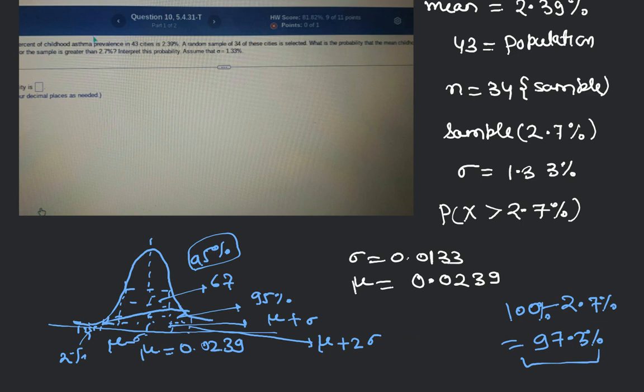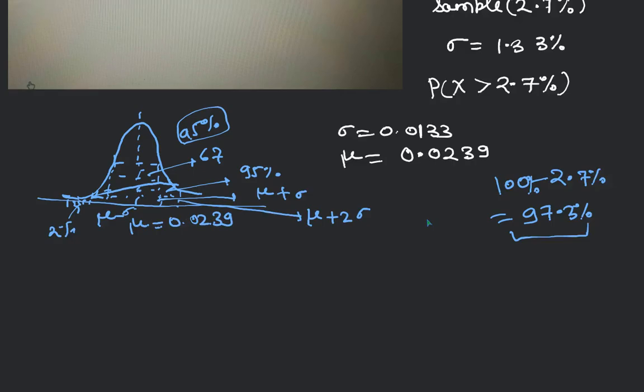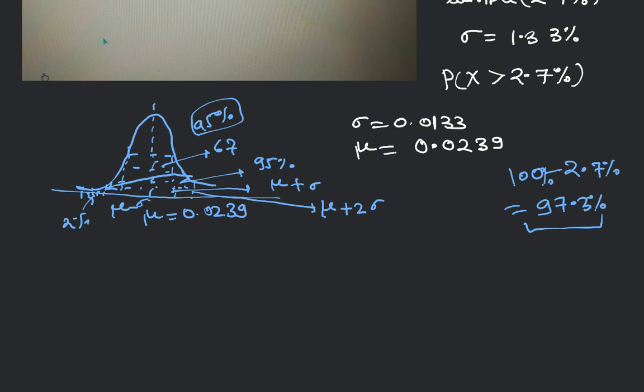Basically, we need to find the Z score. So how do we calculate the Z score? Let me just write it here. In order to find the Z score, you can use the standard normal distribution table, where Z equals x minus mu over sigma.